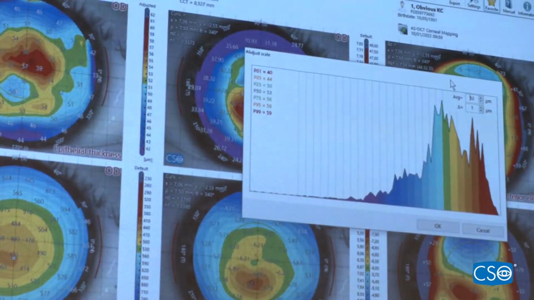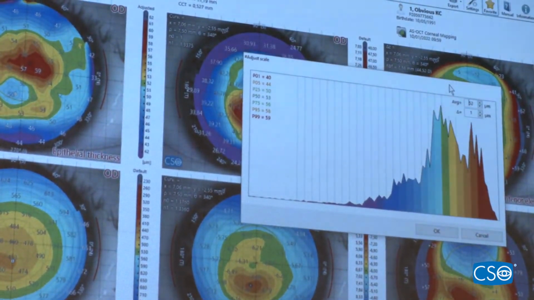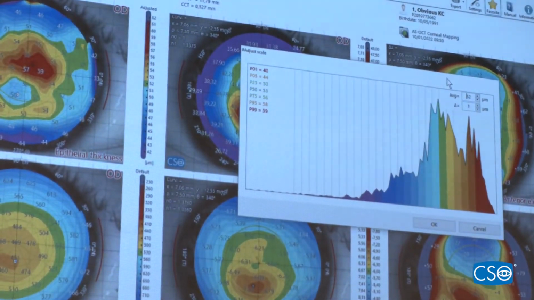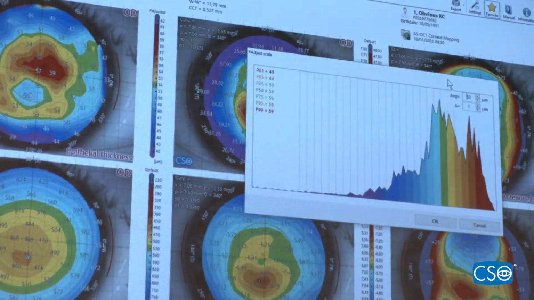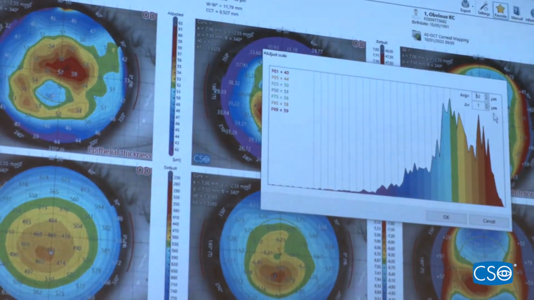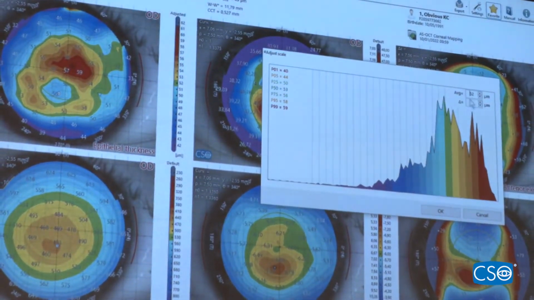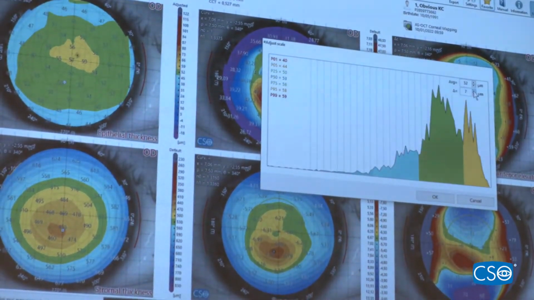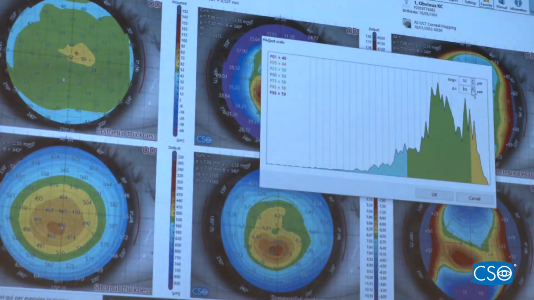So we are always dynamically changing the color scale, always. You never use an absolute scale when you're looking at epithelial maps, ever. You always adjust the scale. And you want the highest sensitivity. You don't want the steps to be like this, because it looks normal.